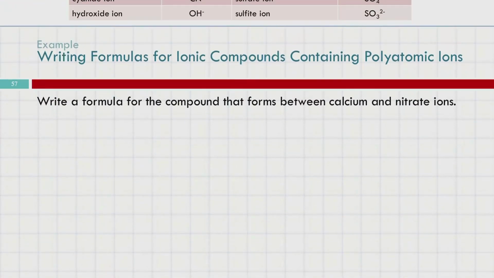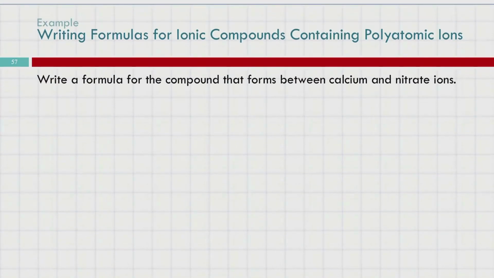So let's say that we want a formula for the compound formed by calcium and nitrate ions. This "ate" ending is indicative of being a polyatomic ion. For now, that's all the information that we can gather from that ending.